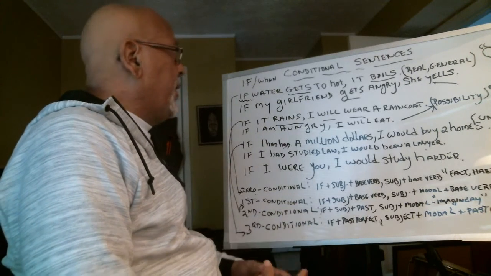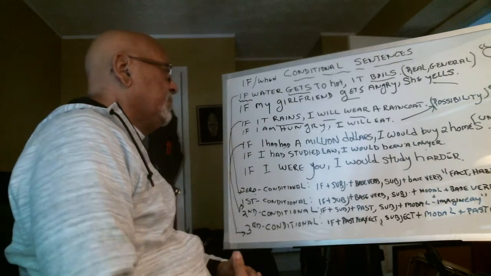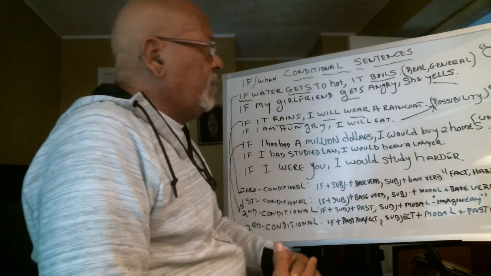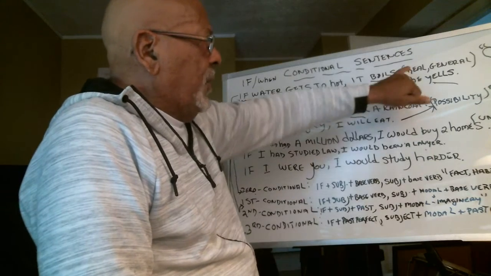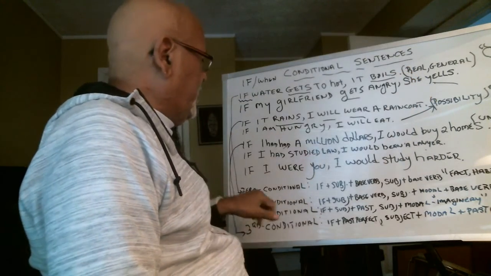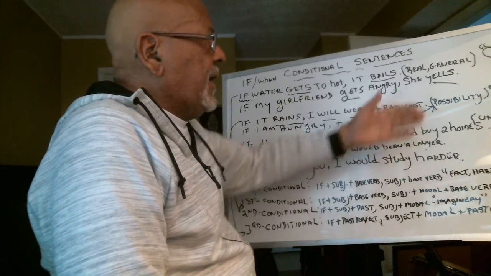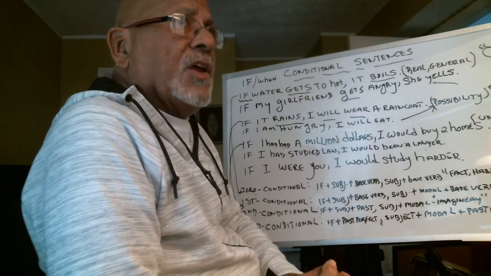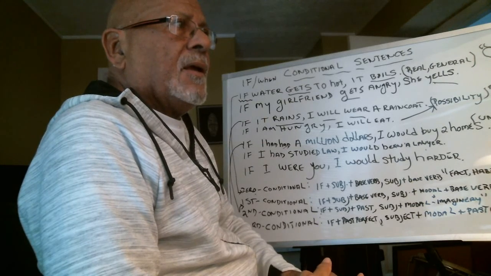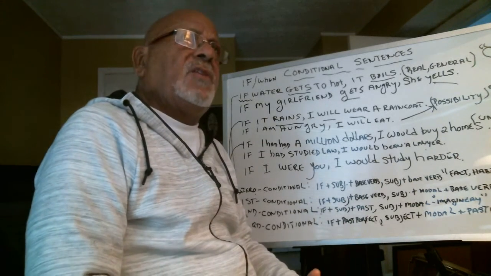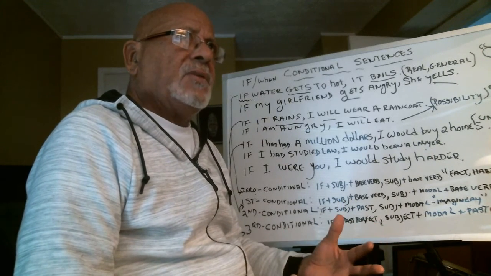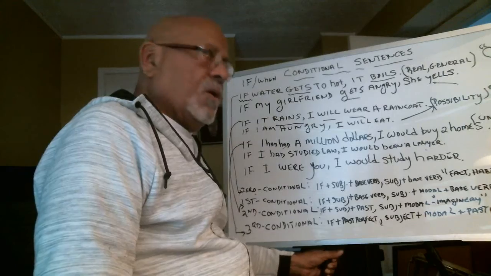So we're going to break those down. Okay, so we have real conditional. The real conditional is like the zero, and it's a general truth. It could be a scientific fact or a habit.